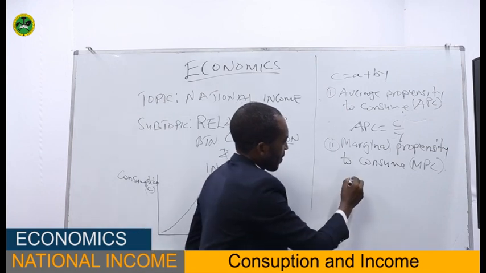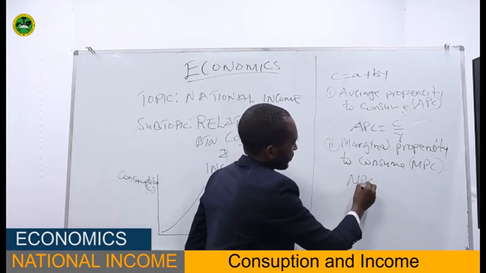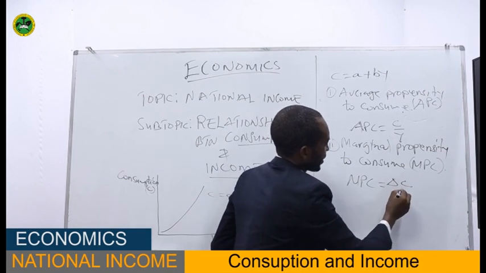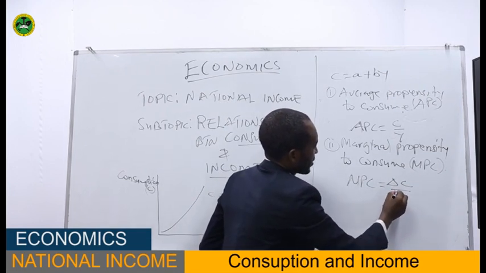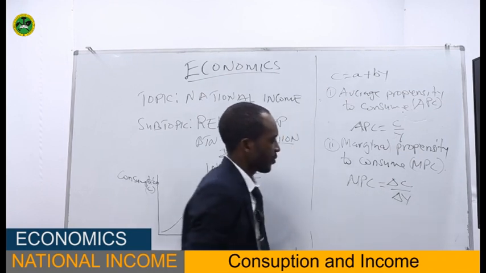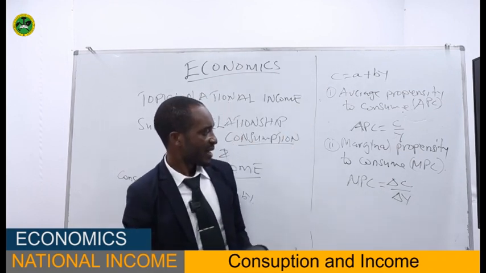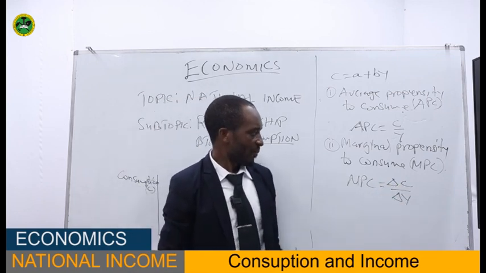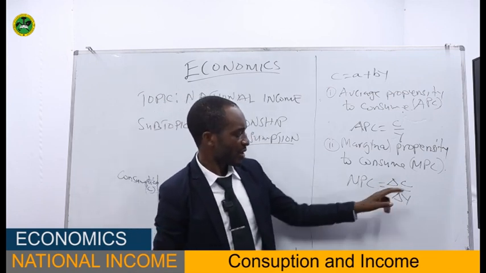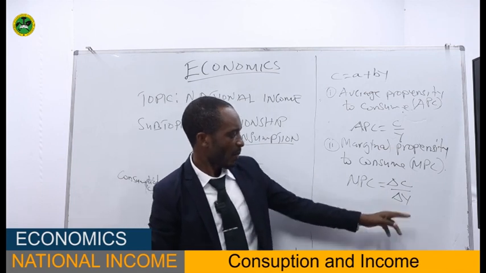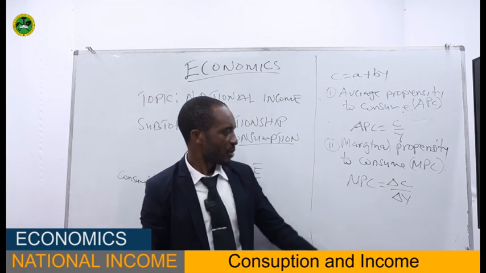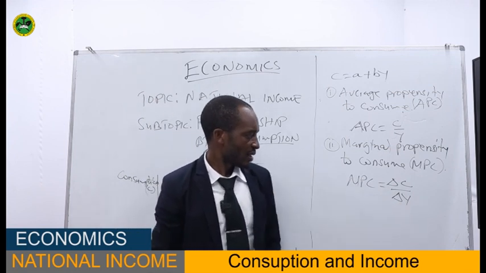So MPC is equal to change in C over change in Y. It means the change in consumption as a result of change in income, so the additional consumption due to change in income.